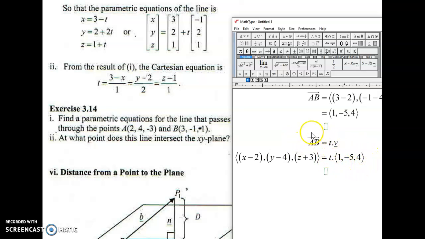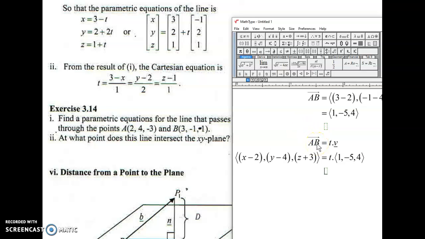As for the left hand side, we go back to the idea of finding a parametric equation, where we only have one available piece of information, a point. So just assume that we have only the information of A. Later we are going to subtract A from B to find this vector.